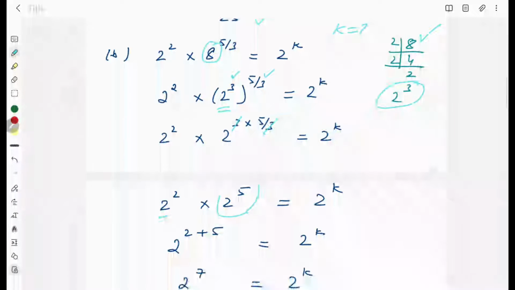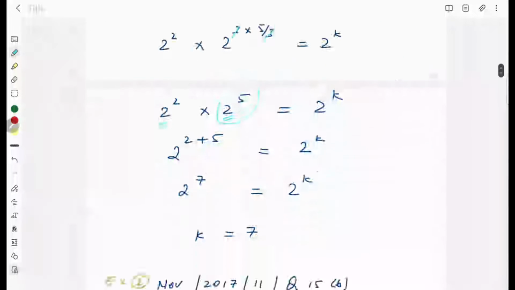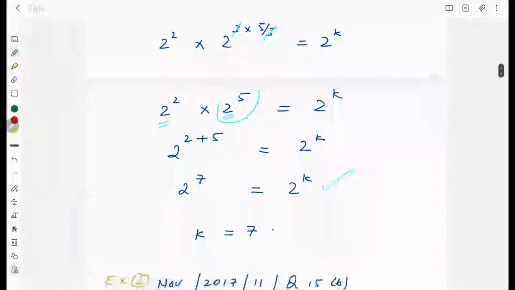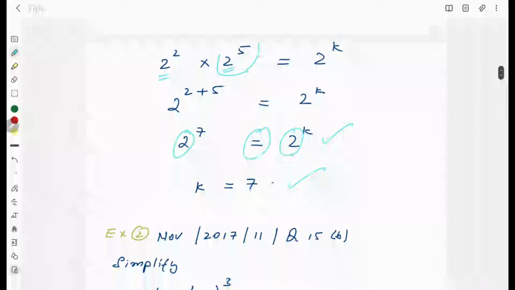Bases are same, both are 2, so their powers get add up. So you get 2 raised to the power 7 equals to 2 raised to the power k. Since these two numbers are same and there is an equals to sign, so we can say k is equals to 7. So this is the value of k which is required.